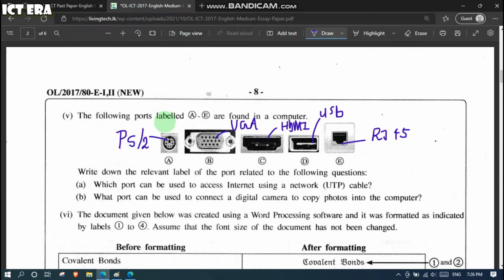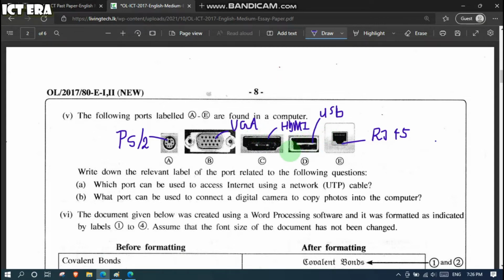Then PS2 ports. In PS2 ports there are two colors, green and purple. If it is green port, it should be connected to the mouse, and if it is purple, for keyboard. Then VGA port is used to connect the monitor and multimedia projector, and HDMI port is used to connect monitors, multimedia projectors, digital TVs, and also digital speakers.